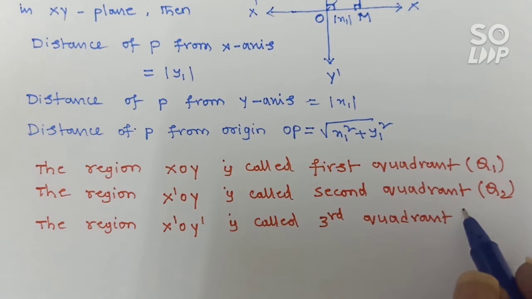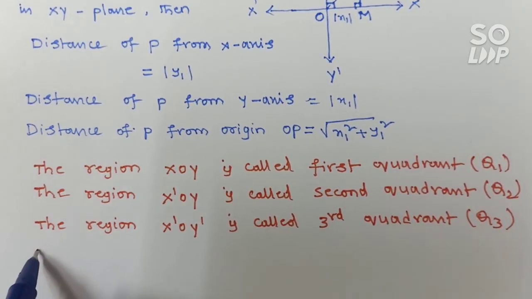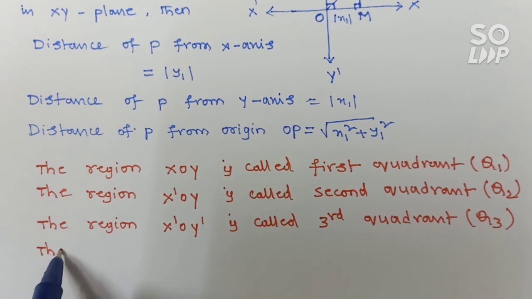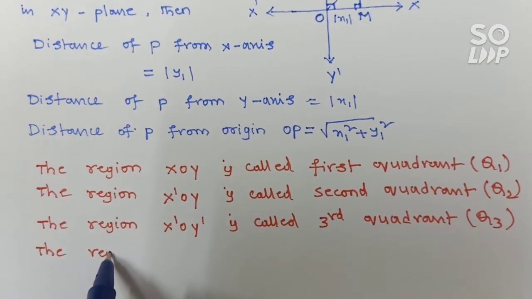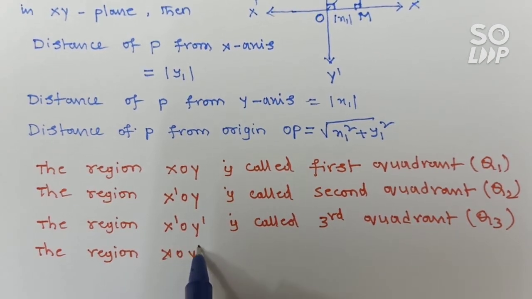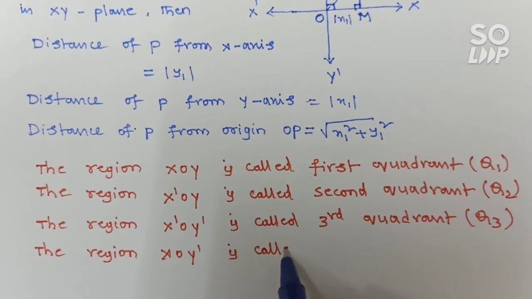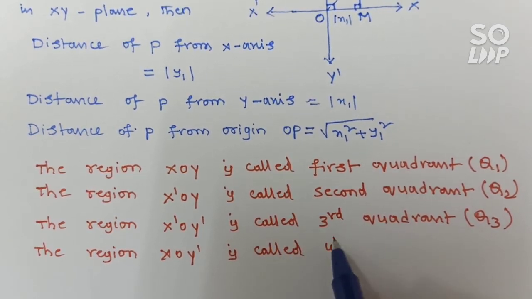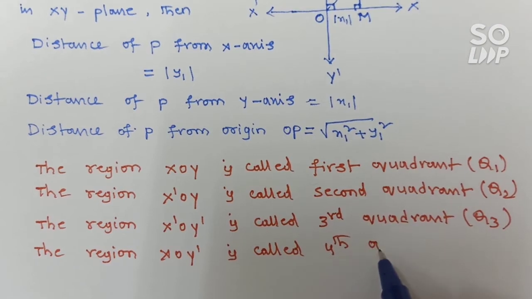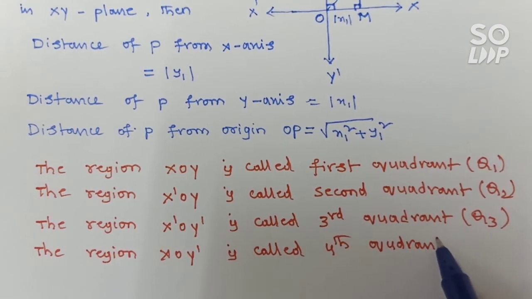It is denoted by Q3. And the next one is the region XOY dash, called the fourth quadrant. It is denoted by Q4.